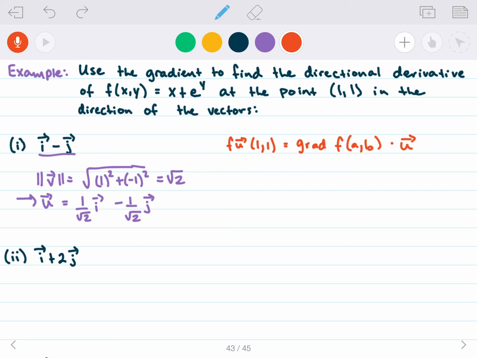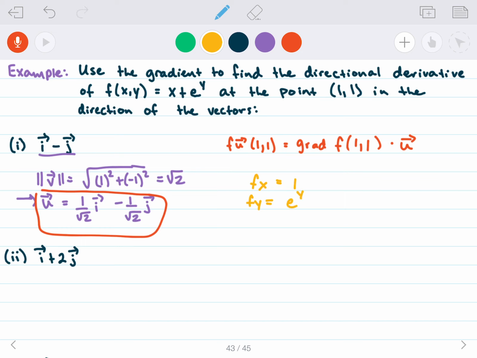All right, so we just found u. Now we need to find the gradient at (1, 1). And so I just need to find the partial with respect to x, partial with respect to y. So the partial with respect to x is going to be 1, right? Just derivative of that guy. Partial with respect to y is just e to the y.